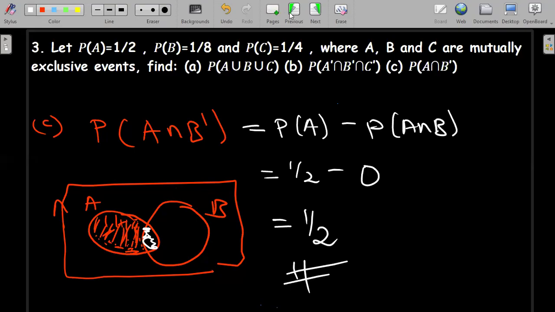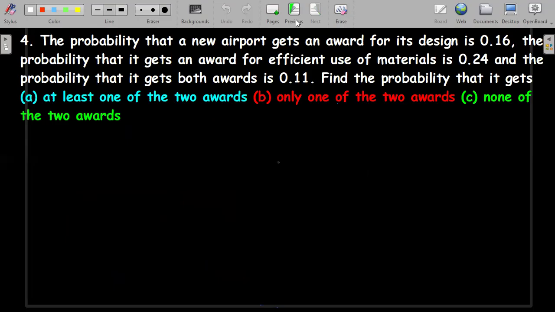All right, so let's go to question 4. So question 4, we have this question here. It's a bit practical, so you'd have to really understand it. They're saying the probability that a new airport gets an award for its design is 0.16.